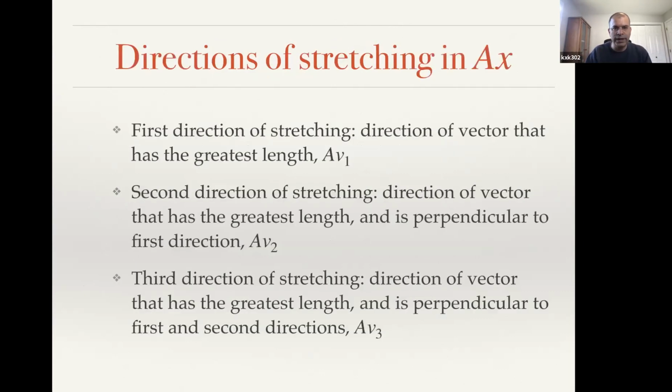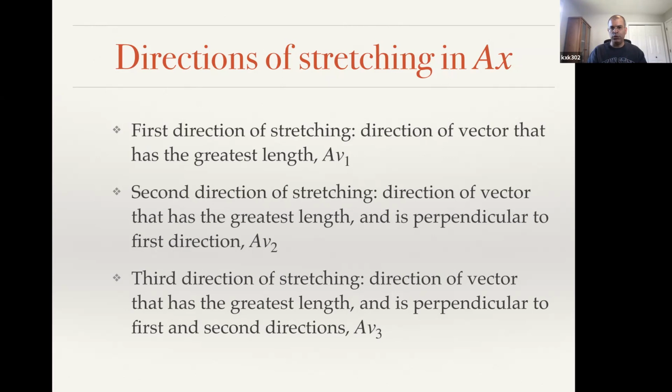So what can we do? This comes without proof. If we look at AX, the first direction of stretching is the direction of the vector that has the greatest length, and that equals Av1. The second direction of stretching is the direction of the vector that has the greatest length and is perpendicular to the previous direction.